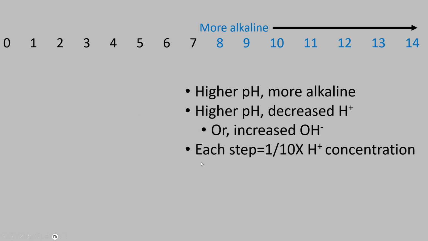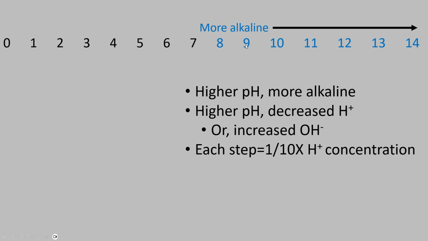And similar to what we saw in acids, there's a factor of 10, but with a variation. Each step upward, from 8 to 9, from 9 to 10, from 10 to 11, is 1/10 the H plus concentration.